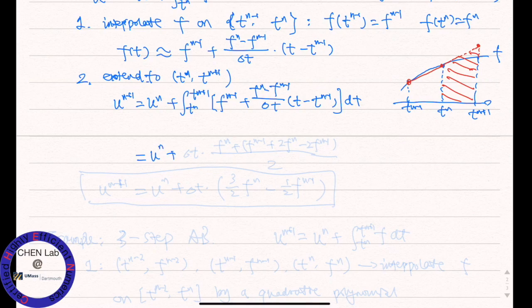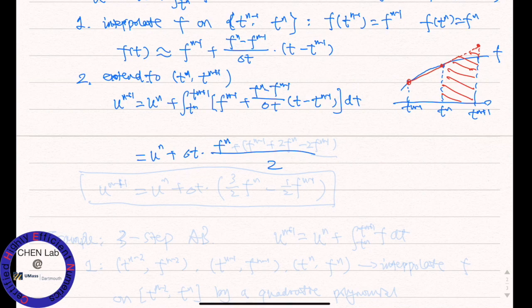That is delta t times a half of the first point plus the last point. You don't need to do the t squared over 2. The first point, you plug in t_n, and you get f_n, because that's how the function is interpolated.